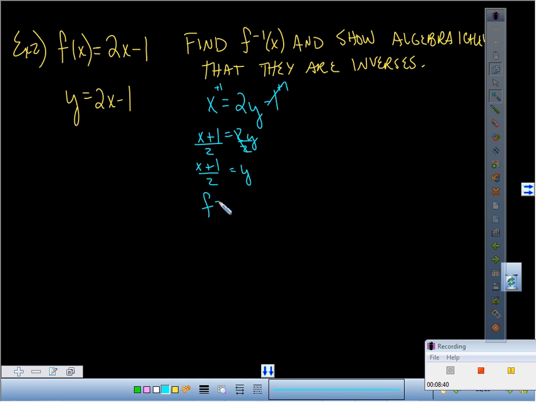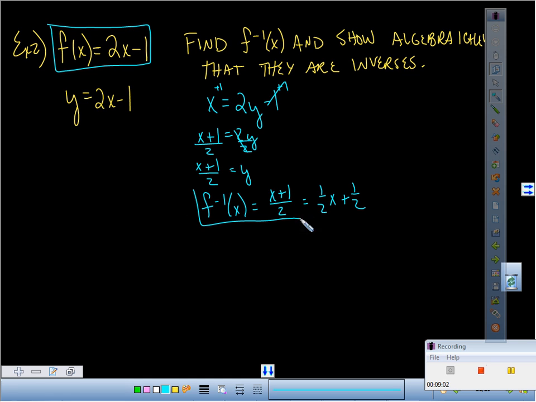So I do want you to write f inverse of x is equal to x plus 1 over 2, or if you wanted to, you could write it as 1/2 x plus 1/2. Just remember that both of them are divided by that number. So whichever way you want it. I usually go back and kind of box these things in because we're going to come back and use those.